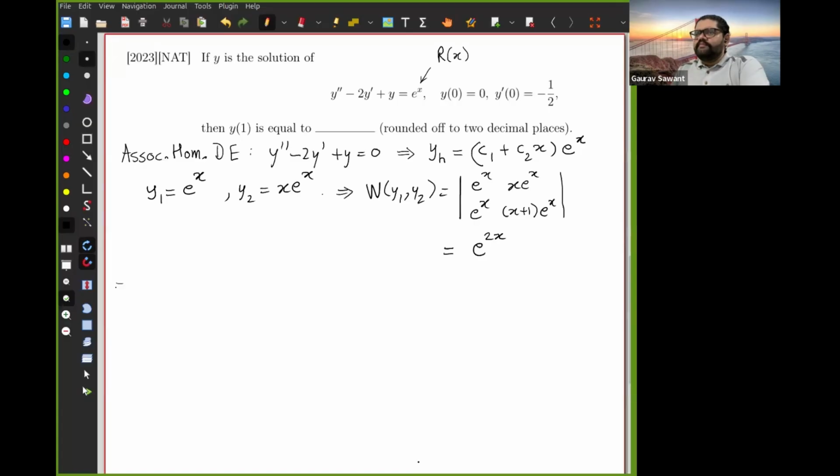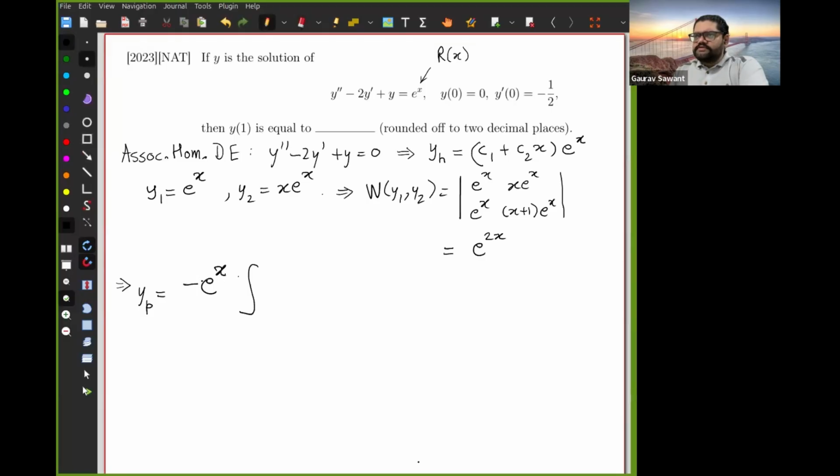And therefore, we will just find the particular solution. Let me write the full formula. yp equal to minus y1, not y2, y1 first.